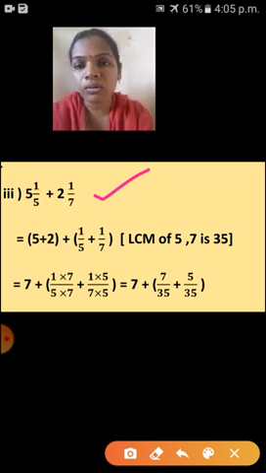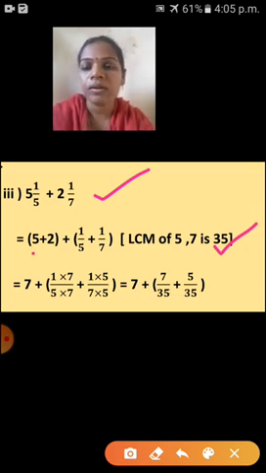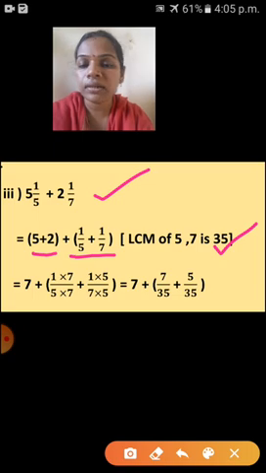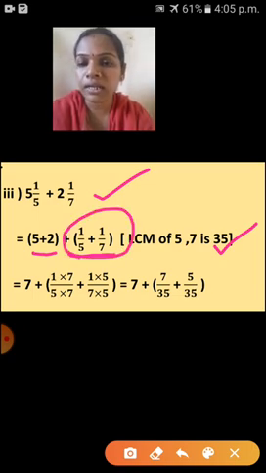So the first step is what? Write the whole numbers together and the fractions together. So see, 5 plus 2. What is the whole number part here? 5 plus 2. And the next one, the fraction part, is plus 1 upon 5 plus 1 upon 7. Understood this step? Shall I go to the next step? Yes. See here, children, observe this fraction. It is an unlike fraction.